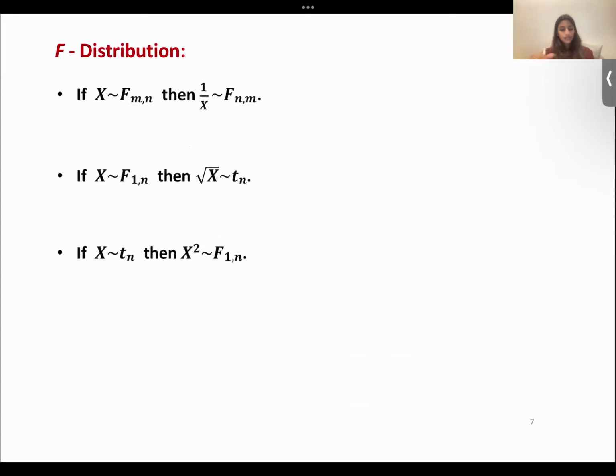And the properties could also be such that if X follows an F distribution M comma N, then 1 by X will follow F of N comma M. And if X follows an F distribution with 1 as the first degree of freedom and N as the second, then the square root of X follows a T distribution with N degrees of freedom.